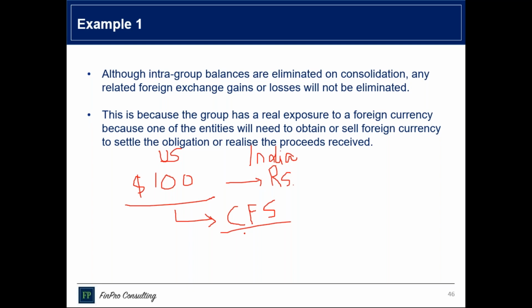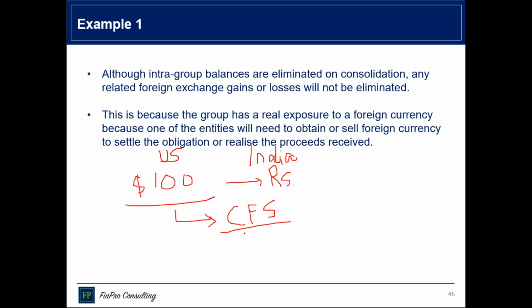The reason behind it is, even if it is an intercompany transaction, the group overall has a real exposure to the changes in the foreign currency risk, because ultimately the Indian entity is going to shell out more or fewer Indian rupees because of the changes in the foreign exchange rates. And therefore, whatever is the unrealized or realized foreign exchange gain or loss, that will continue to be recognized as the foreign exchange gain or loss even in the consolidated financial statements.